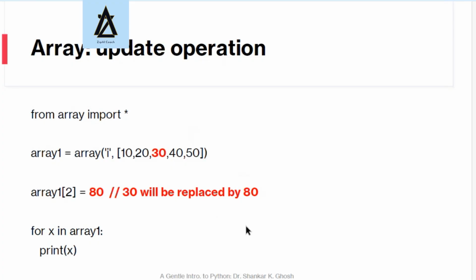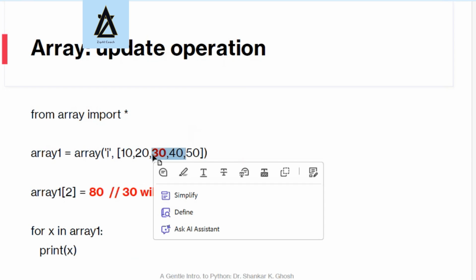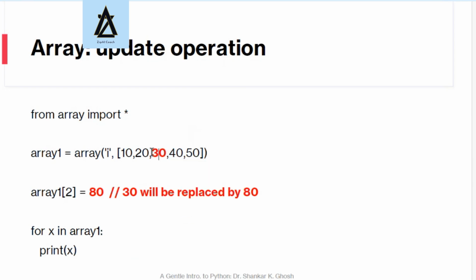Now there are other ways to update also. For example, if you write this statement, you want to replace the second element of the array using 8. Second means this is the 0th element, this is first, this is second. So the second element is replaced by 8.